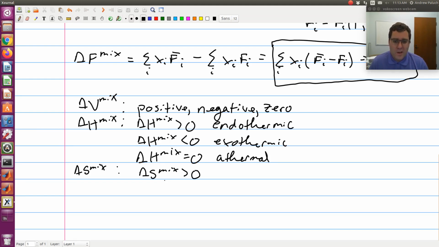One way you can kind of think of it, interpret it, is if I think of molecule 1 as being, say, red molecules, molecule 2 being green molecules, I mix them to form this mixture. The idea is the number of configurational states available to my system has increased, right?